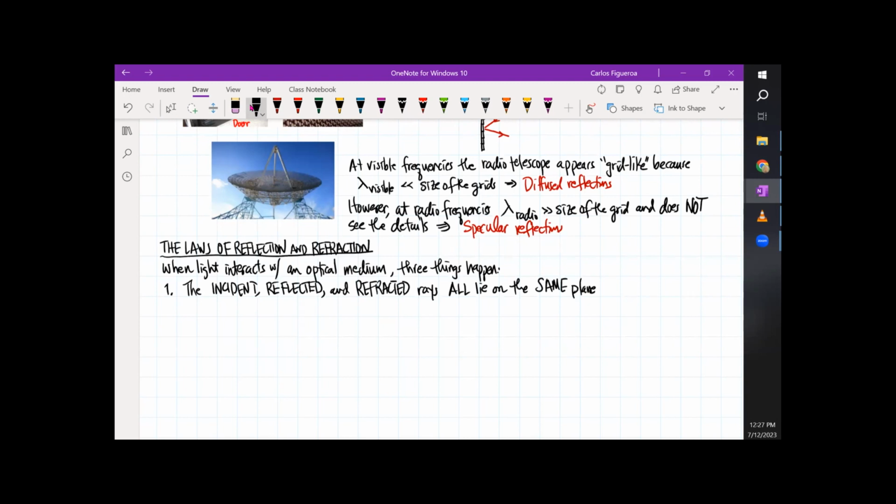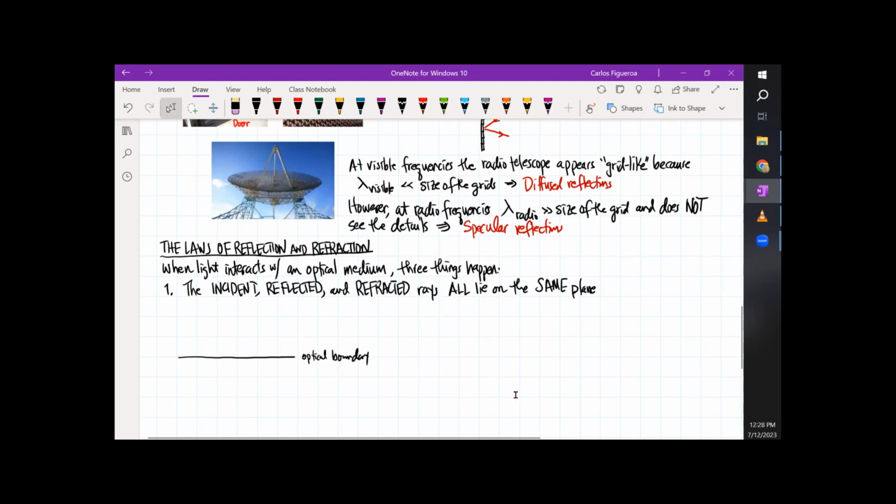So let us define two things here. The first thing is that we have two transparent mediums. So what I need here is a boundary. So here's my boundary. This is my optical boundary. I'm going to move this over so that I have the ability to write.